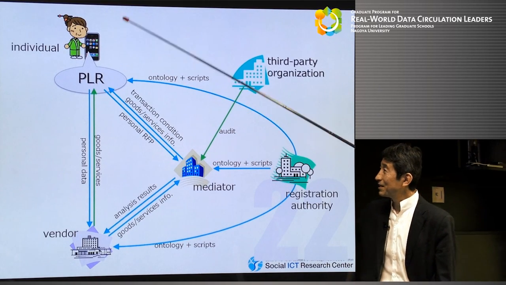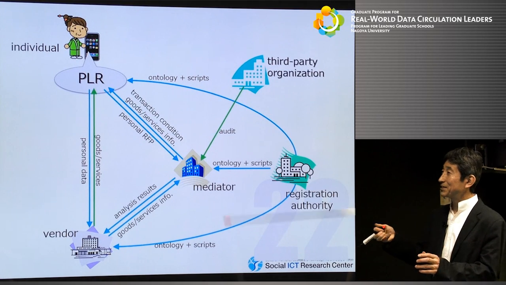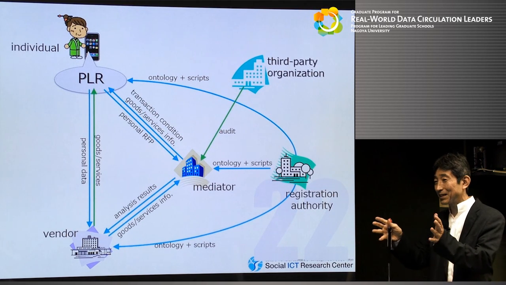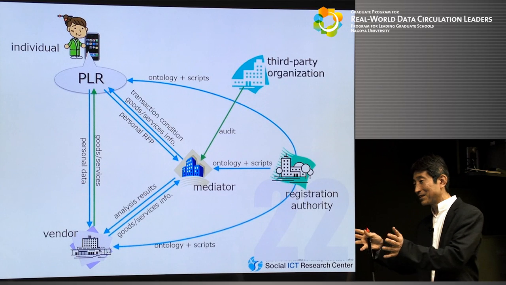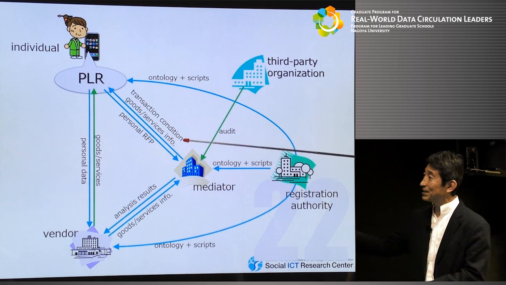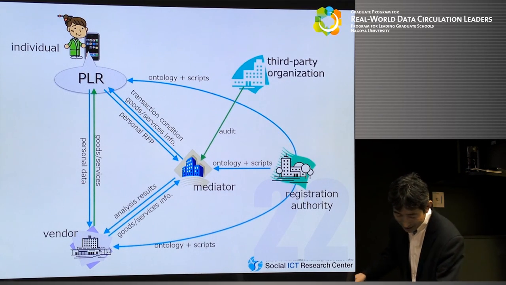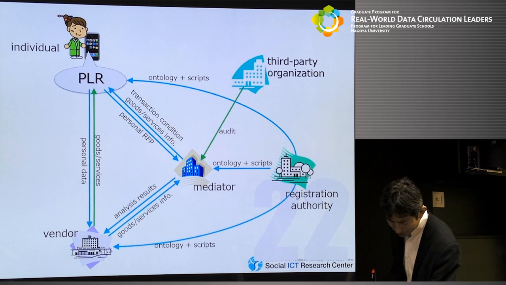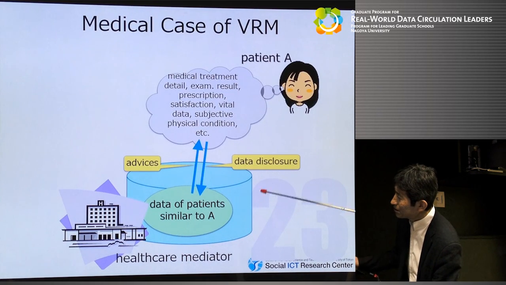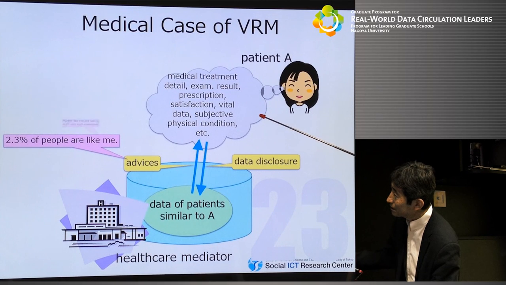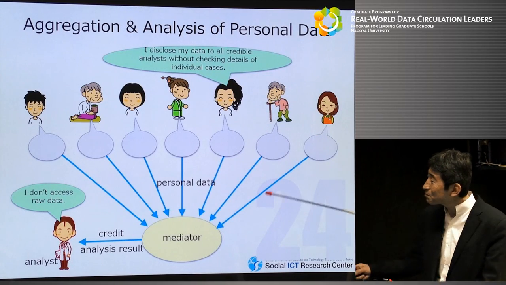So she says she wants something because I have these and those features, and that may be very delicate personal information. So the mediator is collecting these pieces of personal data.